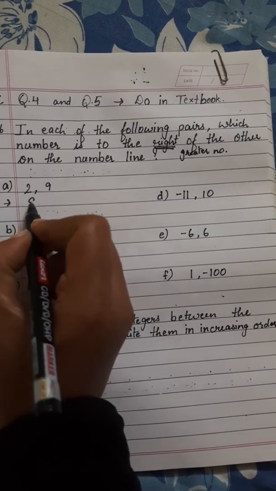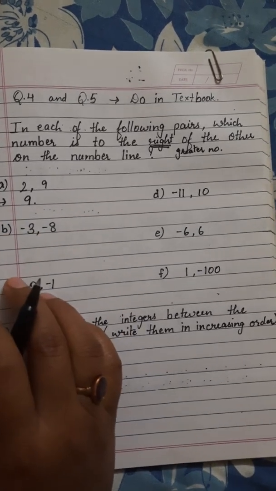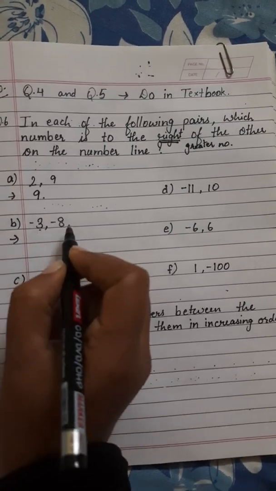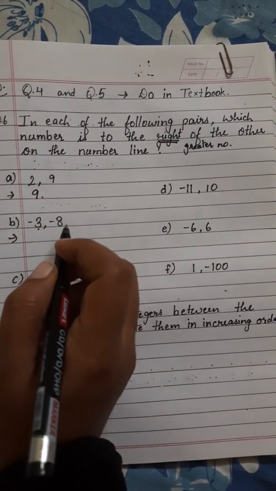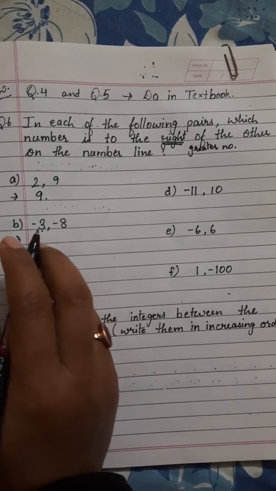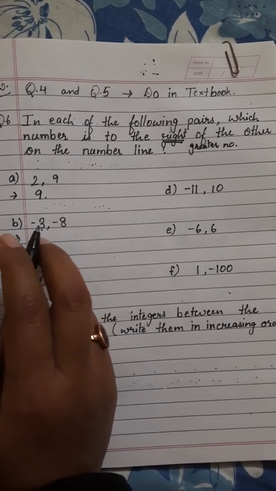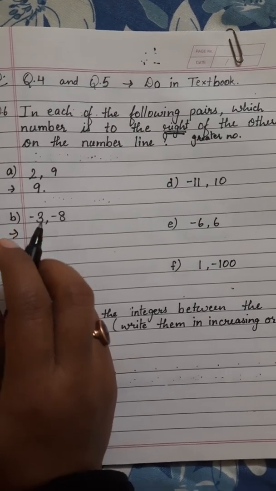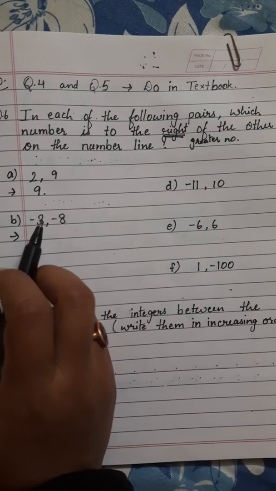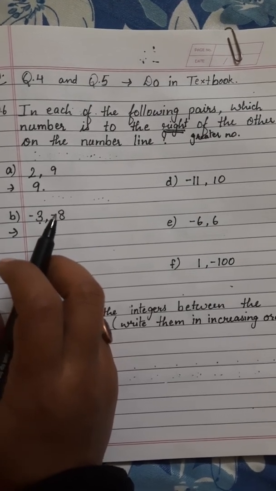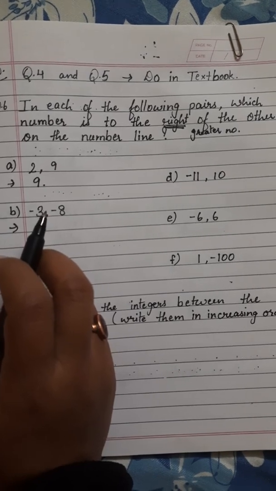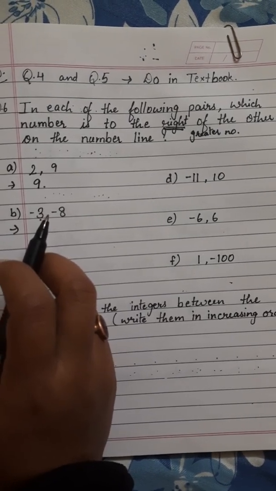So on the right side you will find 9. Directly you can write like this. Then minus 3 and minus 8. Don't be confused. With a negative sign, if you are using a negative integer, the smaller the number, the greater it is, because minus 1 is the greatest negative integer.